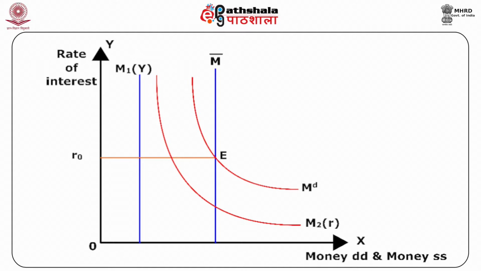The total money demand is MD and it intersects with the money supply at point E. The money supply, as we have said, is M bar, which is given, it is fixed, it is a vertical line. So the intersection of the money supply and money demand function gives us the point E, which gives us the equilibrium rate of interest R0, and on the x axis money supply is equal to money demand.